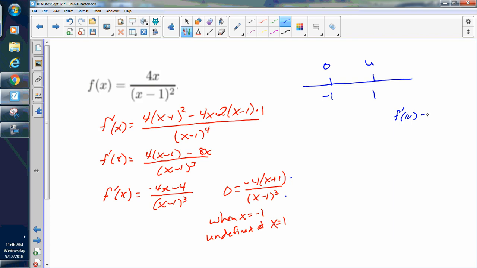So it's going to be negative, because negative 44 divided by a positive. A number like 0, because it's between negative 1 and 1. So that's going to give us negative 4 over negative 1 cubed. So it's going to be a negative divided by negative. It's going to be positive.